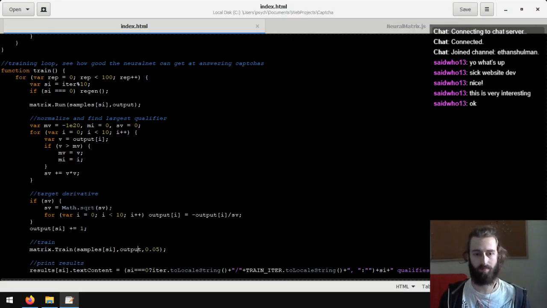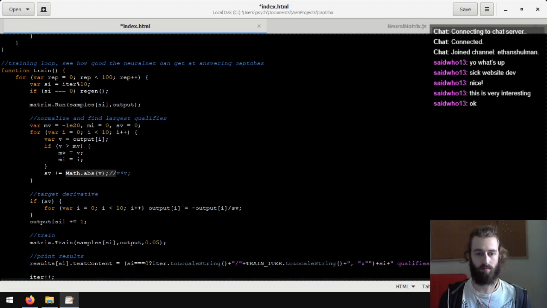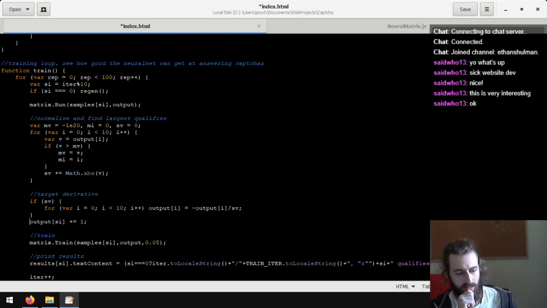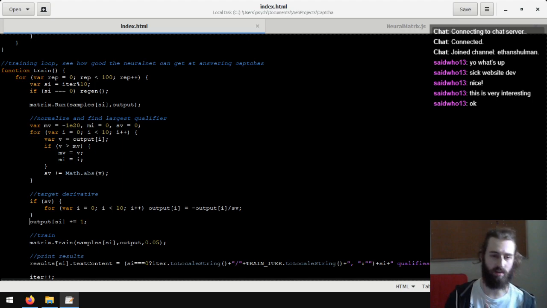Okay, actually, yeah. I think what I was doing before is better, because this, with normalizing the output, is definitely good, because now we know that this will add up to 1, and then it'll train each one equally.